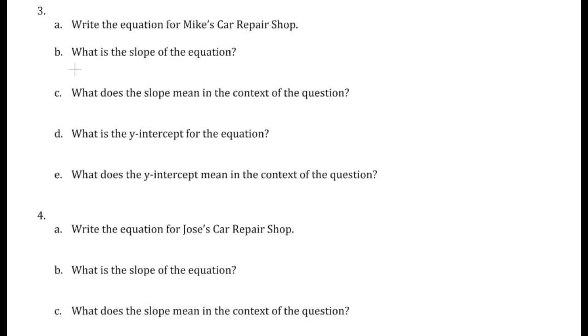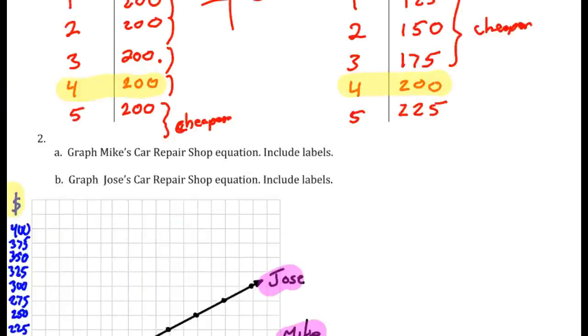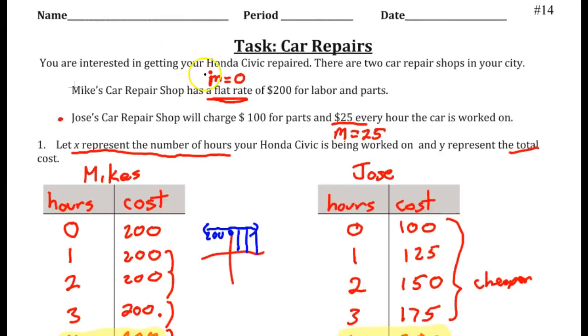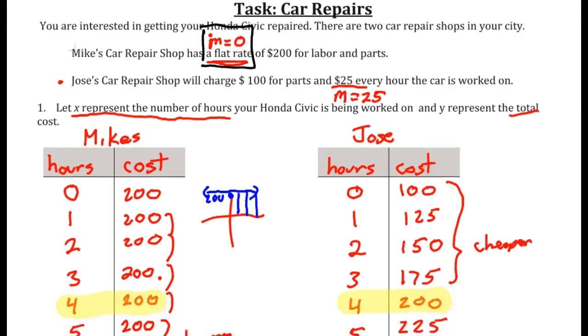All right. So like before, as we mentioned on the front, for Mike's, we said we have a flat rate. So our slope is 0. Okay. So here we have a slope equals 0. Now, what does that mean? This is an important question to know what that means.